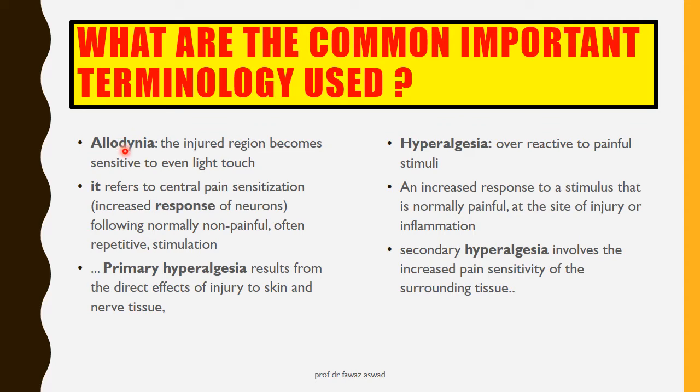So it refers to central pain sensitization, increased response of the neuron following normally non-painful, often repetitive stimulation. While another important terminology is primary hyperalgesia, which results from the direct effect of injury to the skin or nerve tissue.